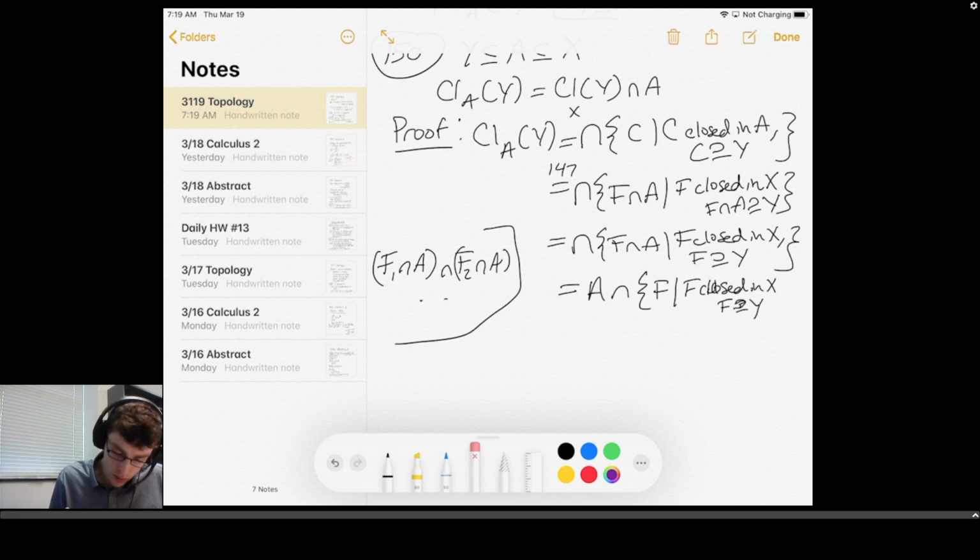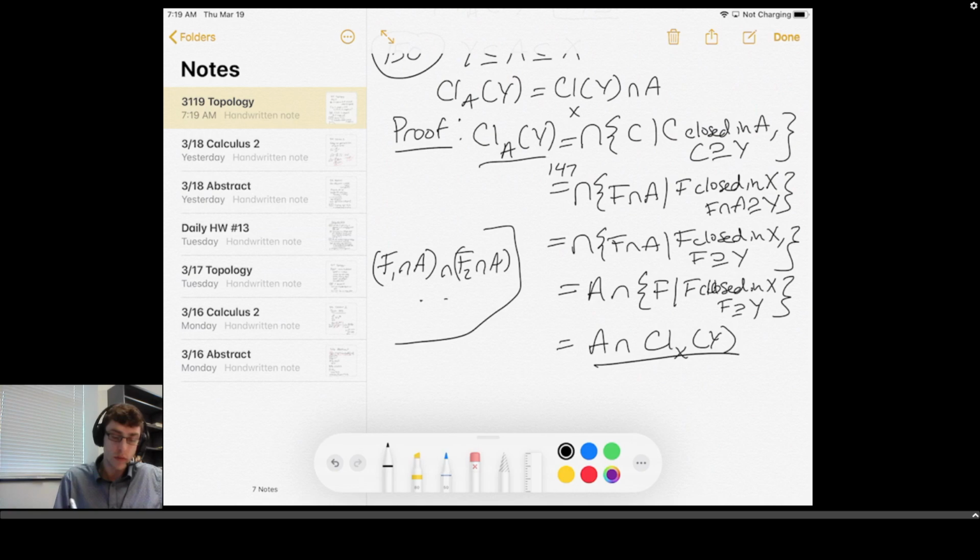And that is exactly the closure in X. Right? So we get exactly what we wanted just by using the definition. Any questions on that one?